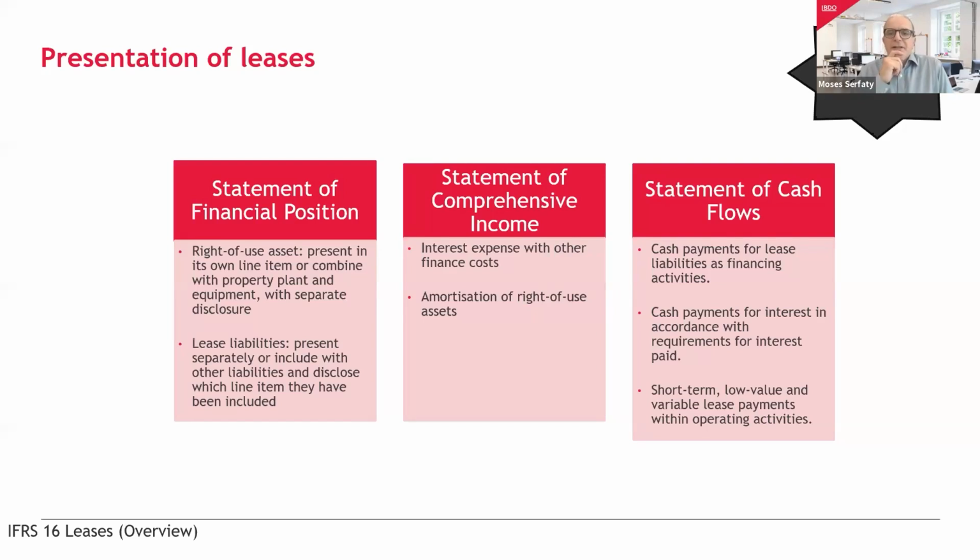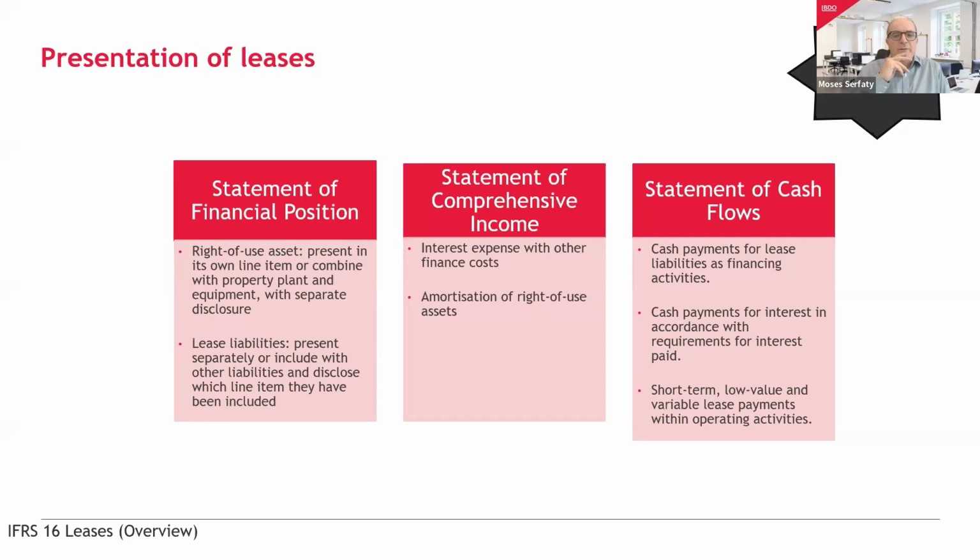You're not paying an operating lease, and then the interest element of those payments, well, that will depend on your policy on presenting interest payments. Under Section 7 of the standard, you're allowed to either include it in operating or in financing, and you would have to be consistent with your previous policy for disclosing interest payments.